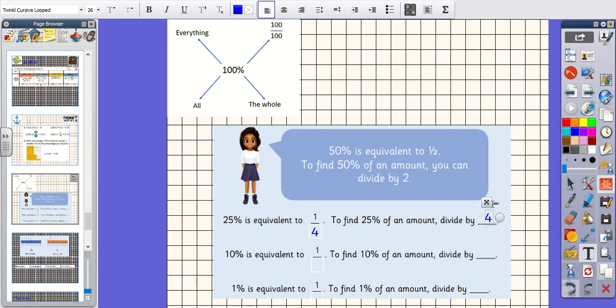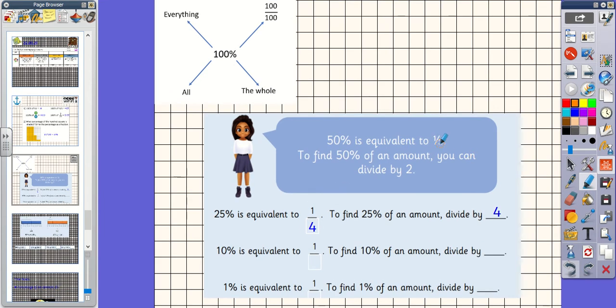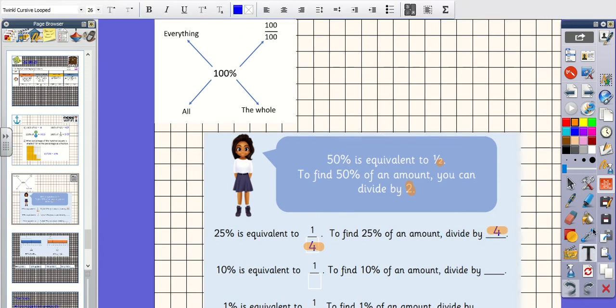Because if we look at our model, 50% is equivalent to 2. So you have got that 2 there. To find 50% of an amount, you divide by 2. So 25% is equivalent to 4. To find 25% of an amount, we divide by 4. Okay.